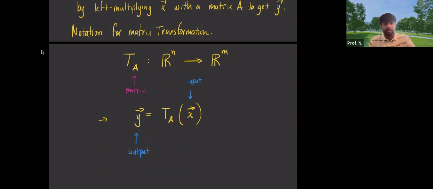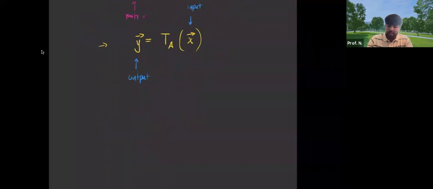I have an input and an output, domain and range. But now what am I doing to the input? My input now is a vector. My output is another vector in a different dimension. I'm transforming that vector in the domain by left multiplying it by a matrix A. So this is the same thing as saying Y is equal to A multiplied by X.